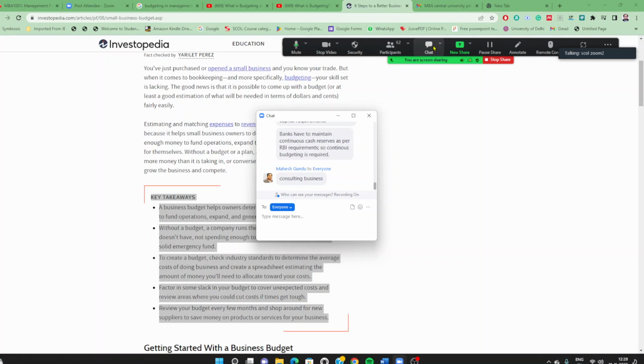Consulting is purely service oriented, and leaving aside the capital cost, like purchasing the offices and all, once it is done, most of the spending will be, I'd say 95%, or it depends from organization to organization, but more than 90% of the spending will be on human resources when we talk about the consultancy business.